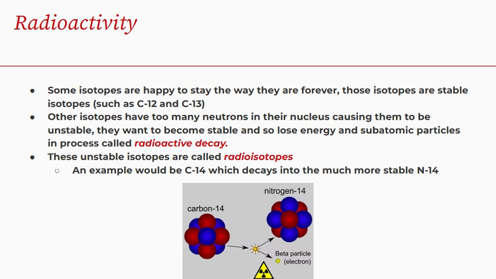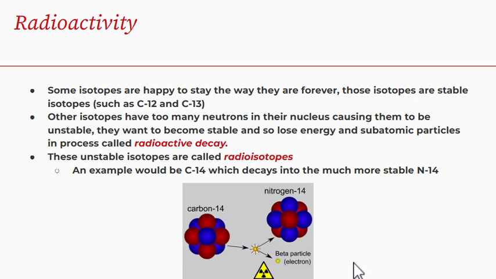For example, carbon-14 is very unstable, and over time it will decay in a process we call beta particle decay, and it will become nitrogen-14 instead of carbon-14, where it then is stable.